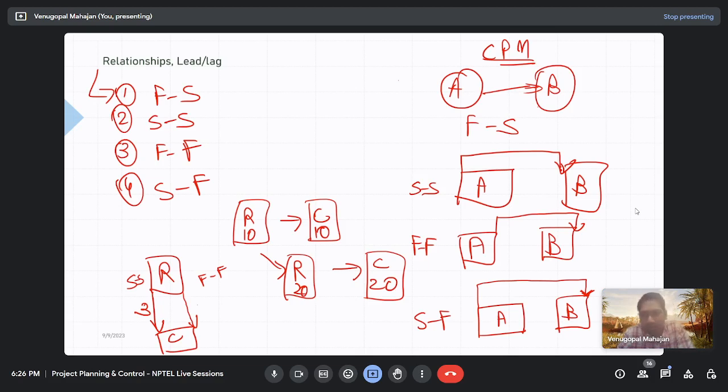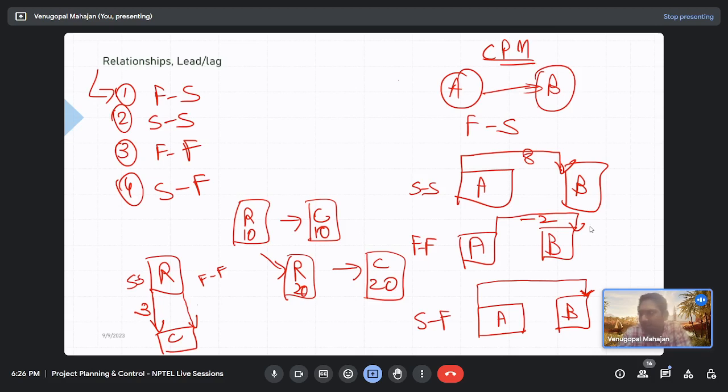So this is about the relationships. Similarly, you can have lead or lag here. It could be positive also, like this would be 8 days start to start relationship, or it could be negative also. Now there is one good article about the negative lag.